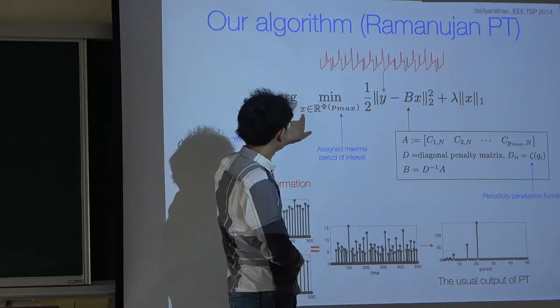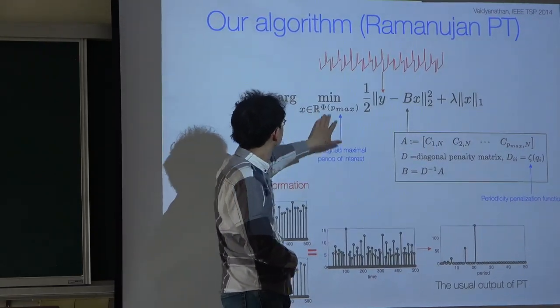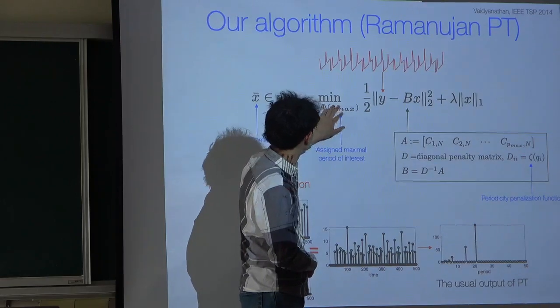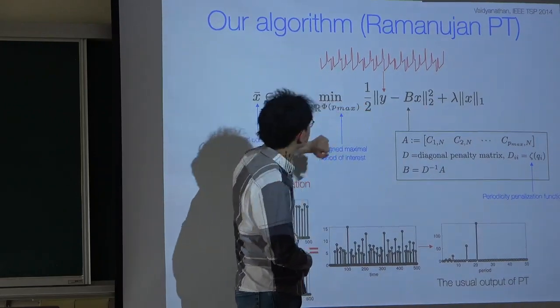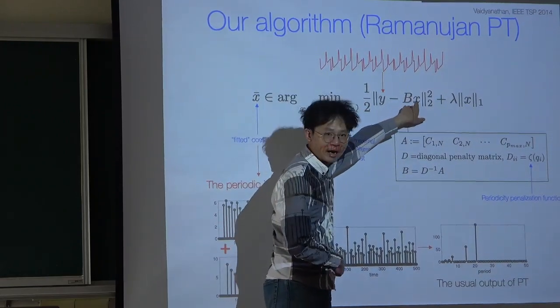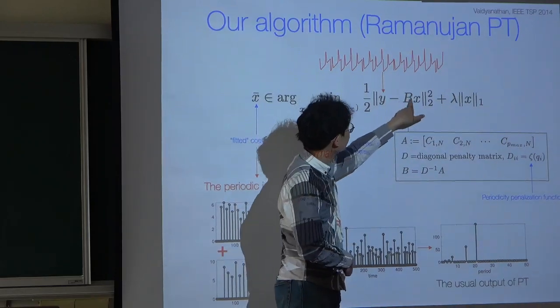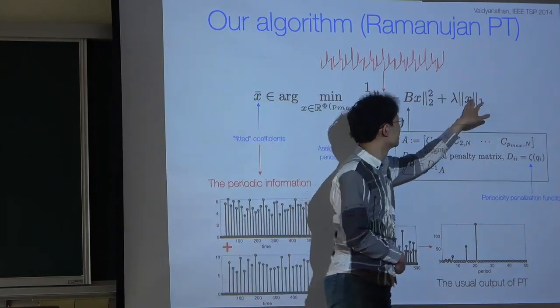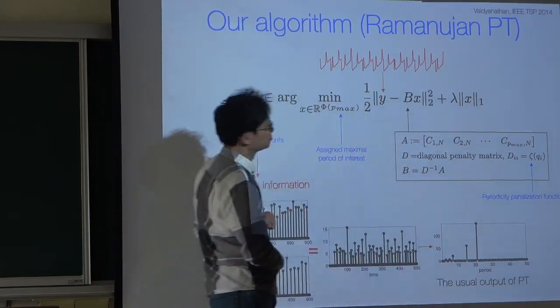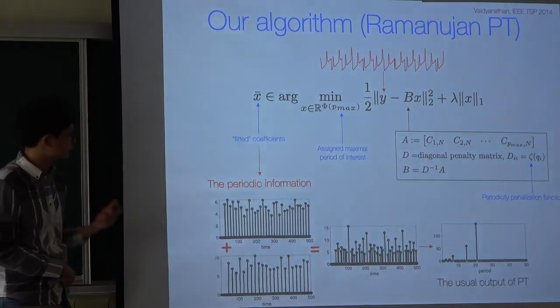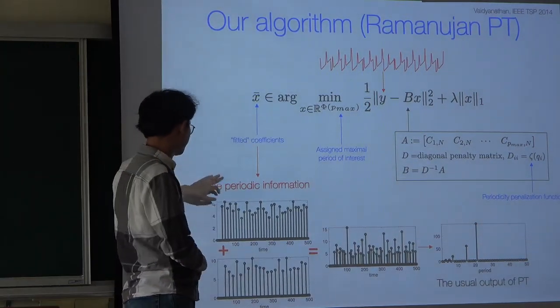And x is of the dimension phi of P max, and you fit the data y by Bx, and then you try to make x sparse using L1. And so this is the periodic information.